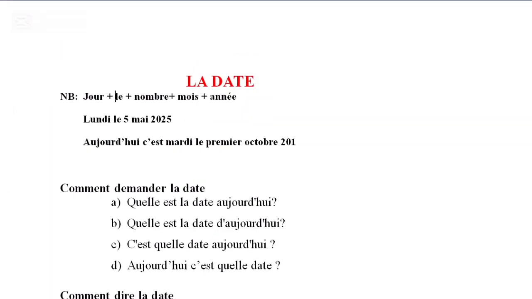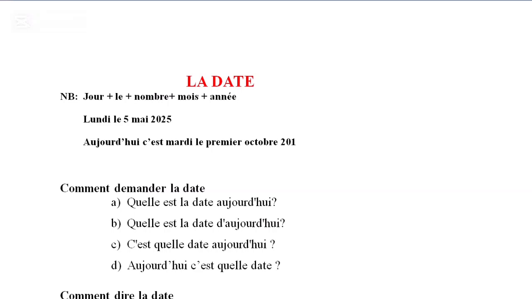In this lesson, we are going to look at dates, how to write dates in French and how to say the date in French. This will be possible because we have already looked at numbers in French.